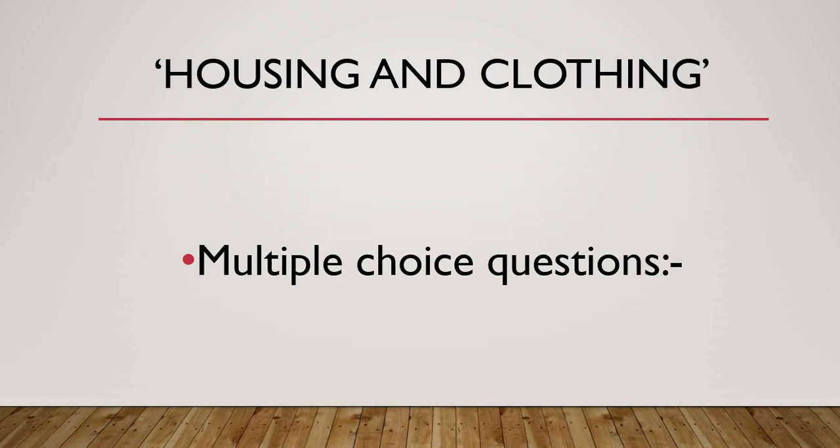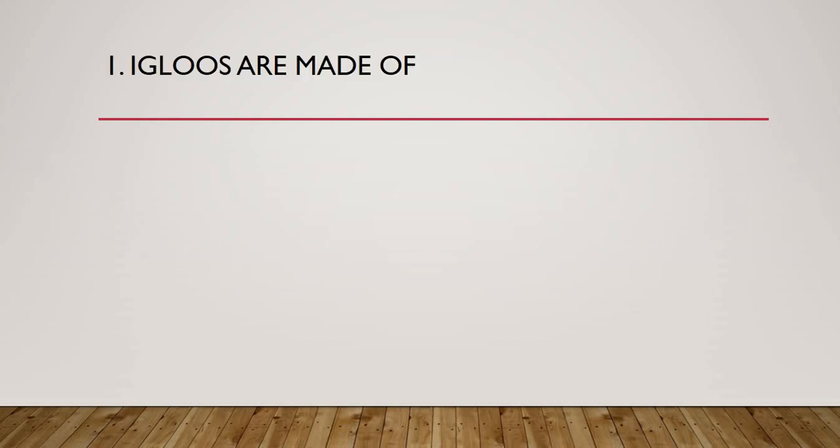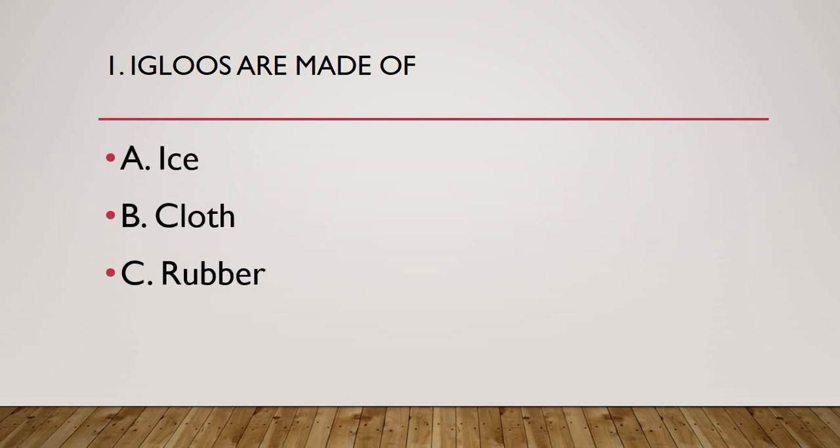Let's get started. The first question is, igloos are made of, and the sentence is half. You need to complete the sentence by choosing one of these 3 options. The first option is ice.